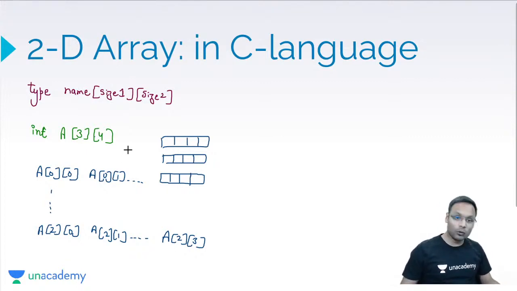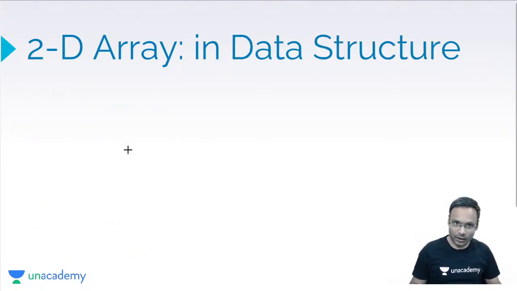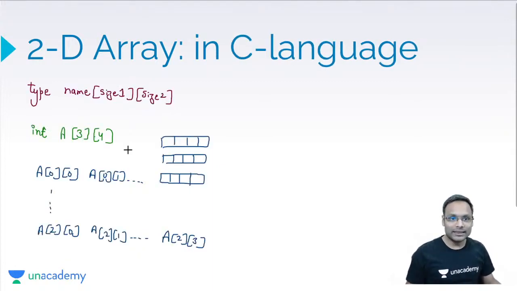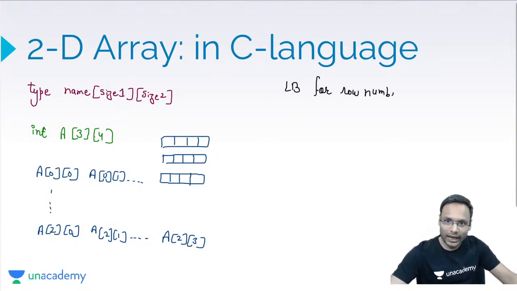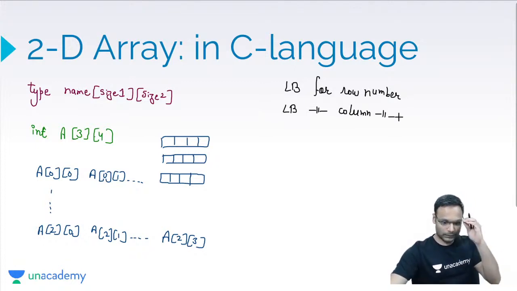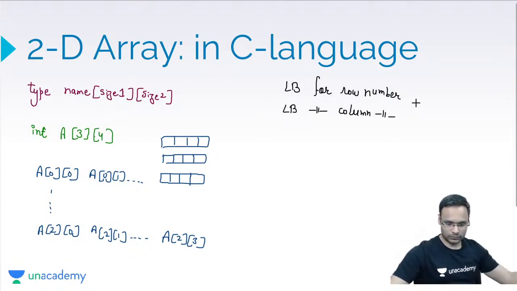Now this is C language in which lower bound for row number and lower bound for column number both should be starting from 0.